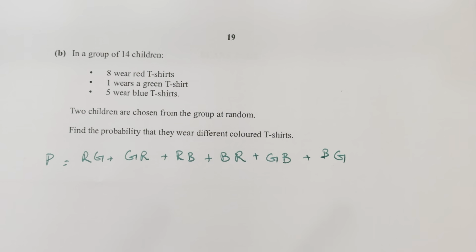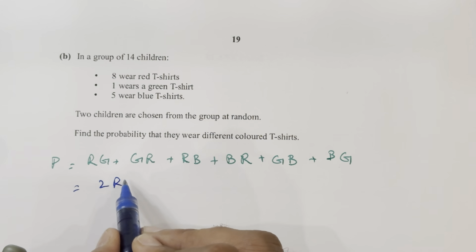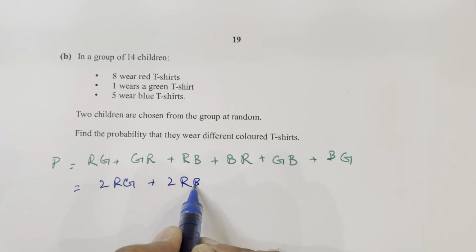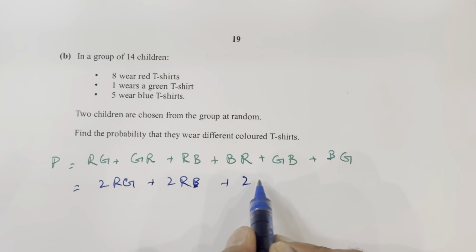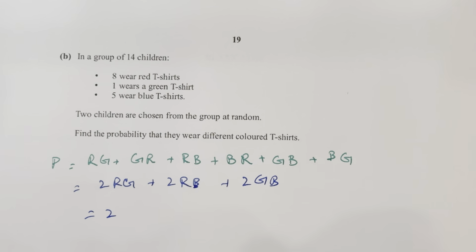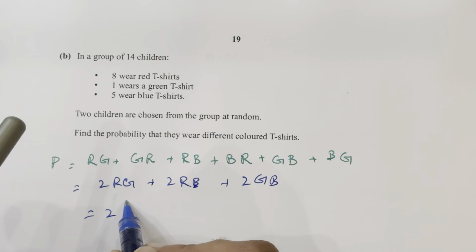So probability of, first it would be 2RG because these both are the same, then this is 2RB, then this is 2GB. So take 2 as common, it would be red and green. What is the value of red?